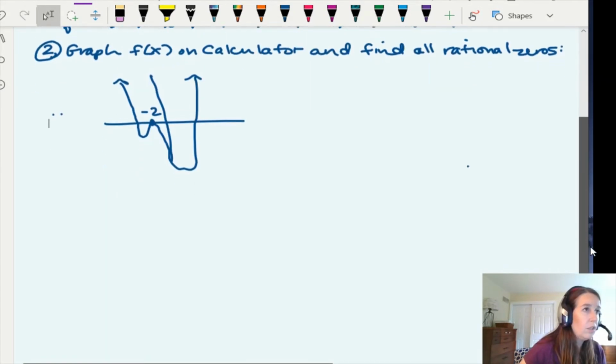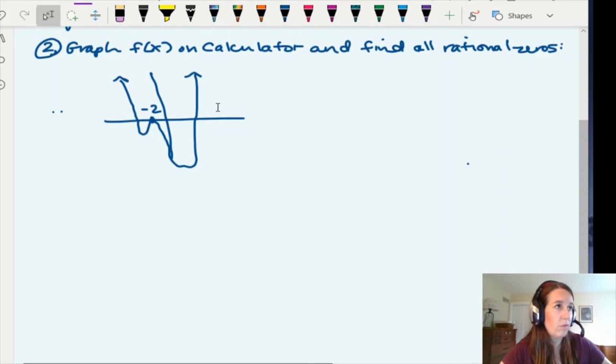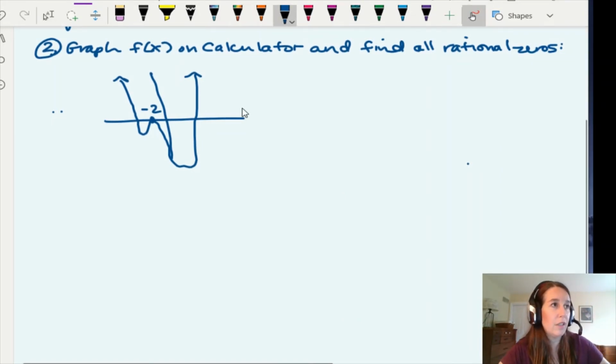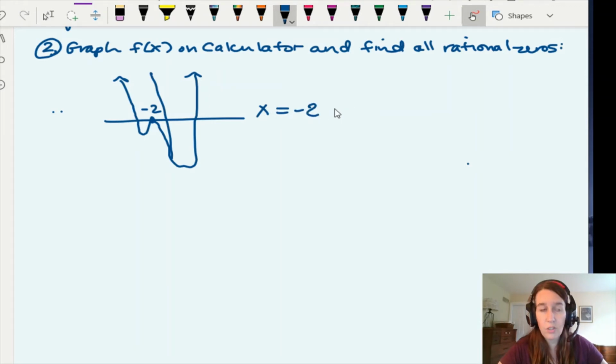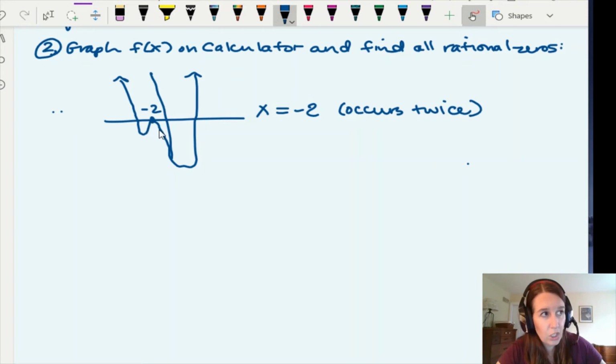Okay. All right, so let's write that down, that we know that that's a 0. So x is equal to -2 is the rational 0, and we know that that occurs twice, right? Because of it touching the graph right there. So in other words, the factor that we know already is x plus 2, and then it's going to be squared. It's going to have an even multiplicity there.